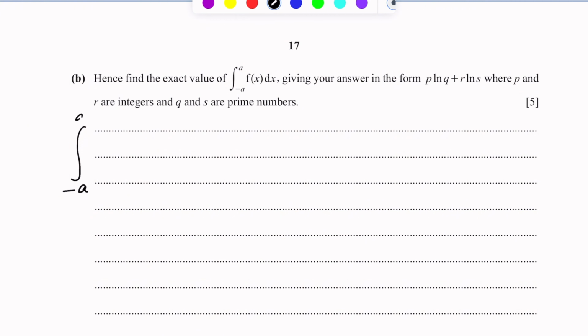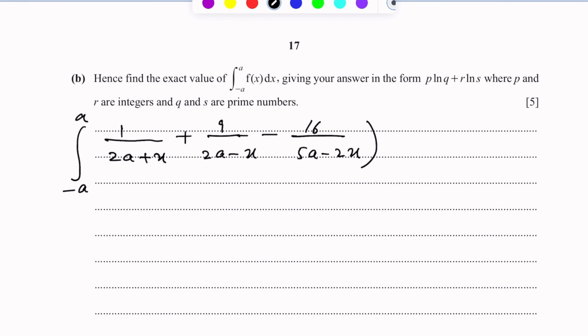The limits are -a to a. f(x) is 1/(2a + x) + 9/(2a - x) - 16/(5a - 2x).